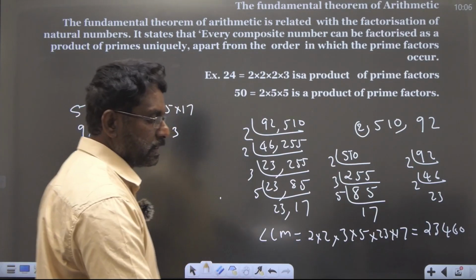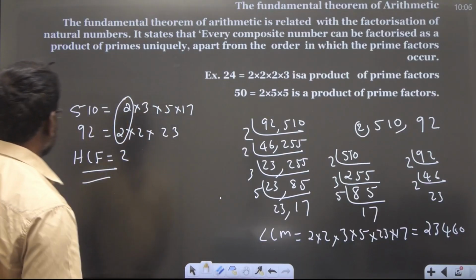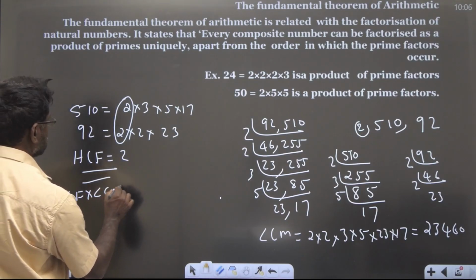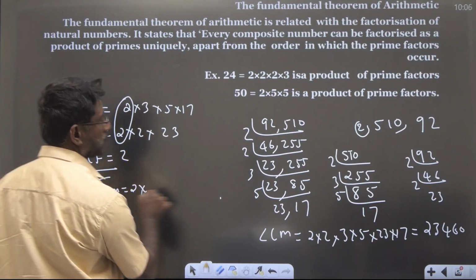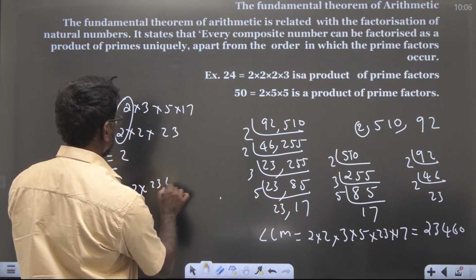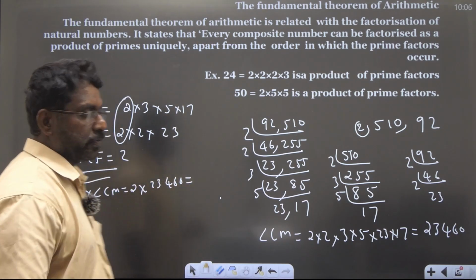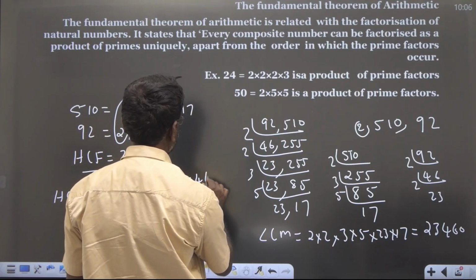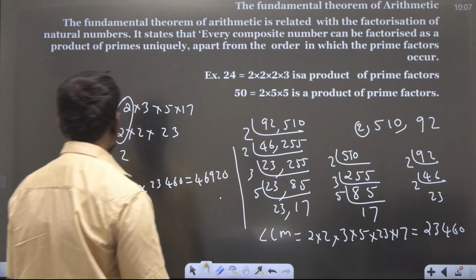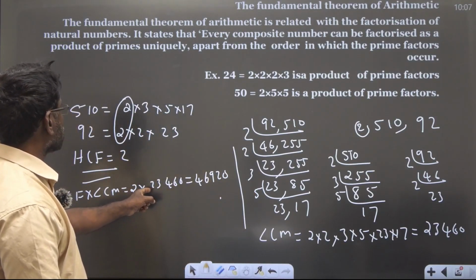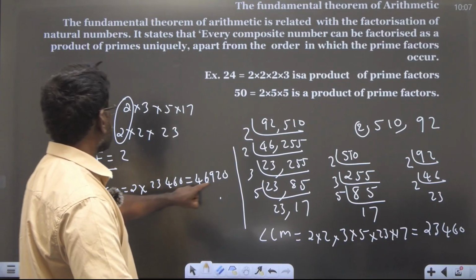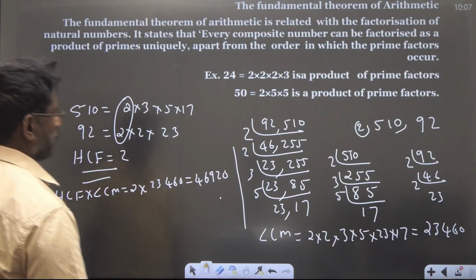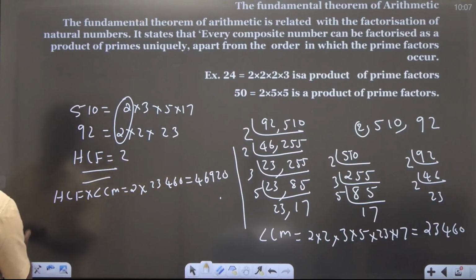Therefore, HCF into LCM is equal to 2 into 23,460, which is 46,920. Then what is the product of the numbers?